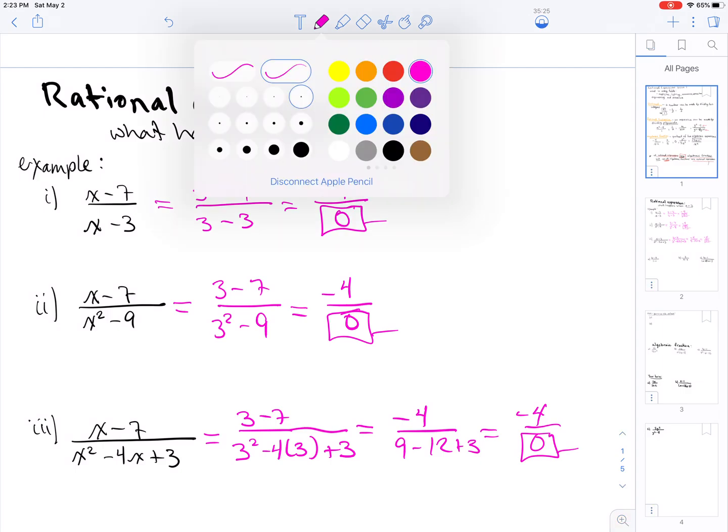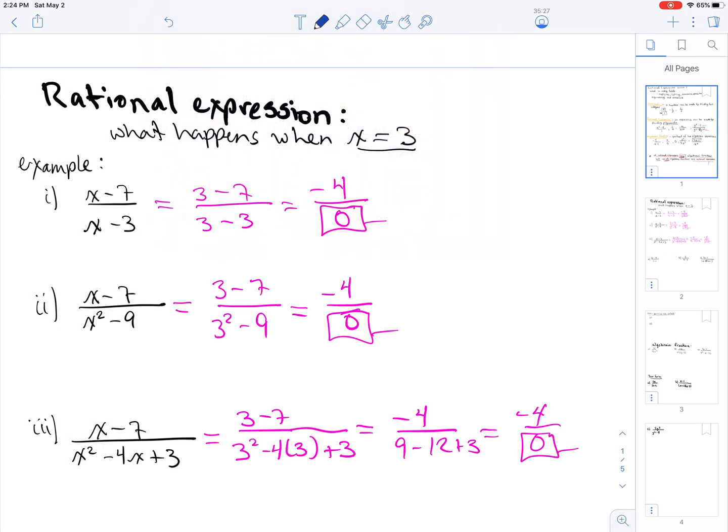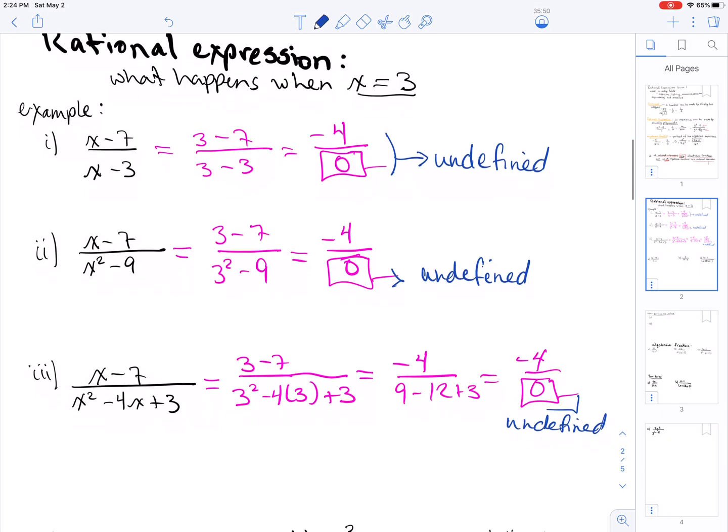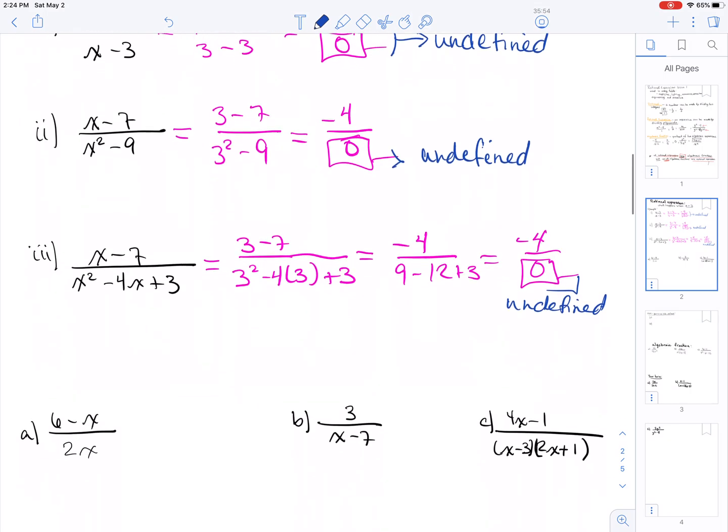Well, what do I know about having a denominator of 0? Well, I know that in the first one, any denominator of 0 makes my fraction undefined. The second one as well, undefined. And my third one, again, undefined. So what does that mean with regards to rational expressions?